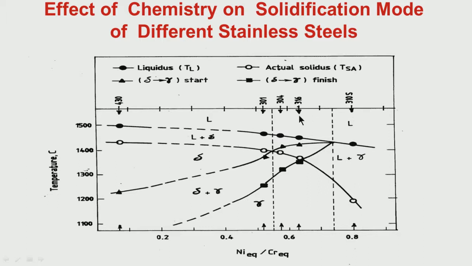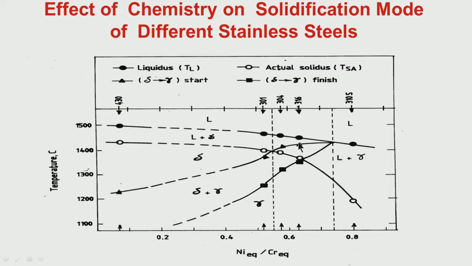Now 316, where the nickel equivalent by chromium equivalent is about 0.65 or so, maybe 0.63. So what is happening here? Initially again delta, but delta to gamma is taking place at much higher temperature.